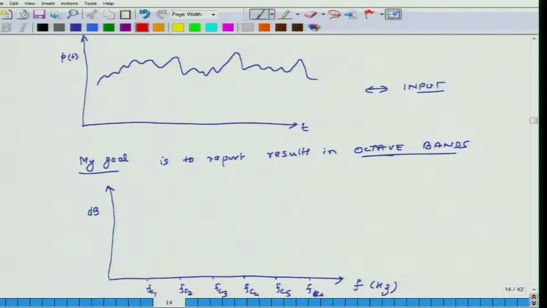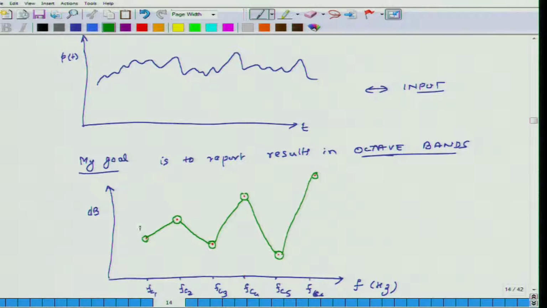And for FC1, let's say the value is this. FC2, the value is somewhere different. This is my value for FC3, that's my value for FC4, this is FC5, this is FC6. Okay, so then I'm going to connect these with some line. So what does this point mean?